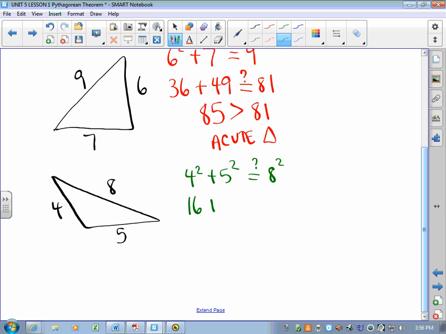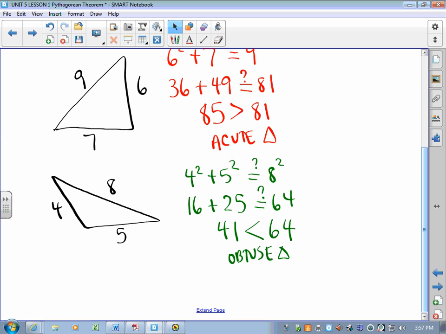Well, 16 plus 25, is it or is it not equal to 64? Well, the left side is 41 and the right side is 64. In this case, the 8 squared totally devours the 4 squared plus 5 squared. And since the 8 squared is bigger, we've got an obtuse triangle.